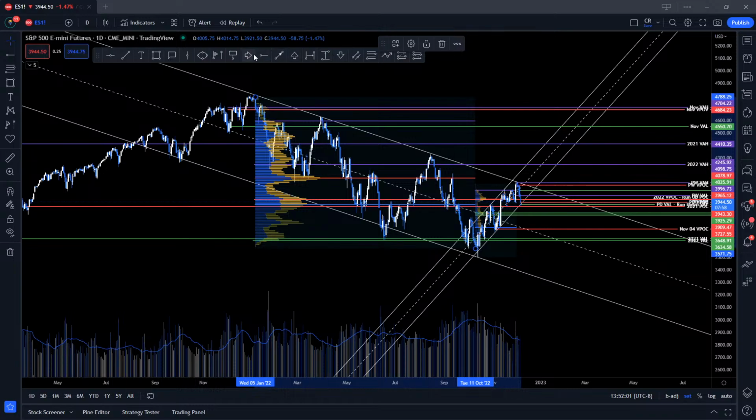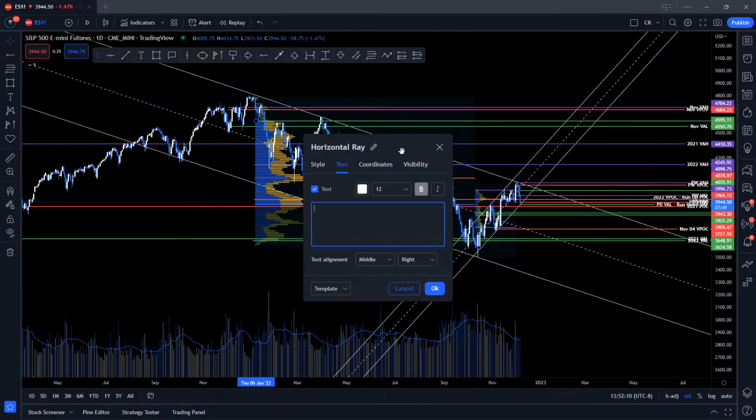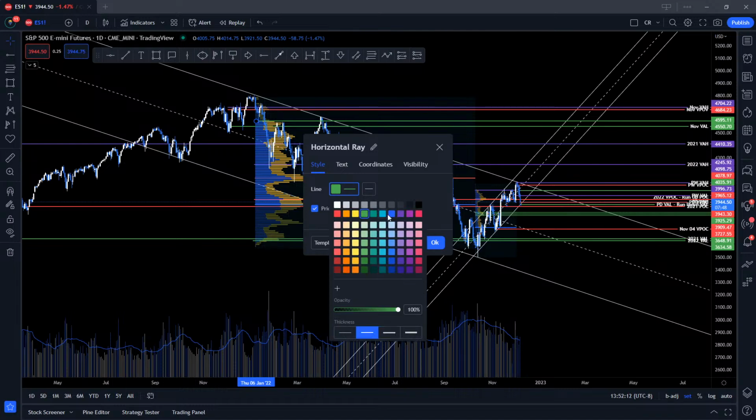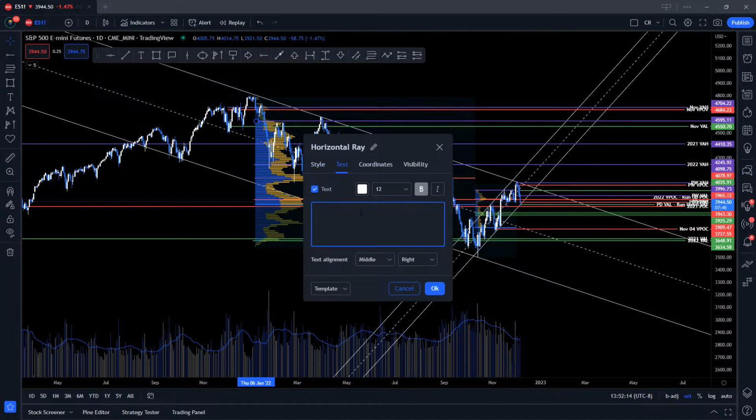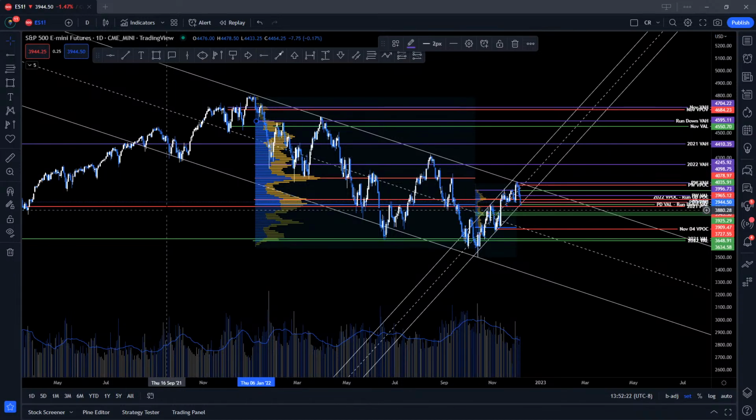So from my rundown, I'm going to grab my rundown value area high. I have my rundown value area low with my previous day value area.